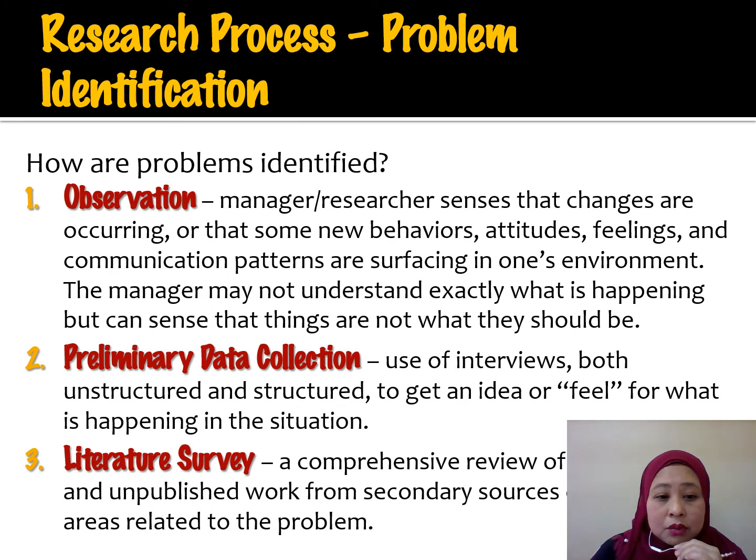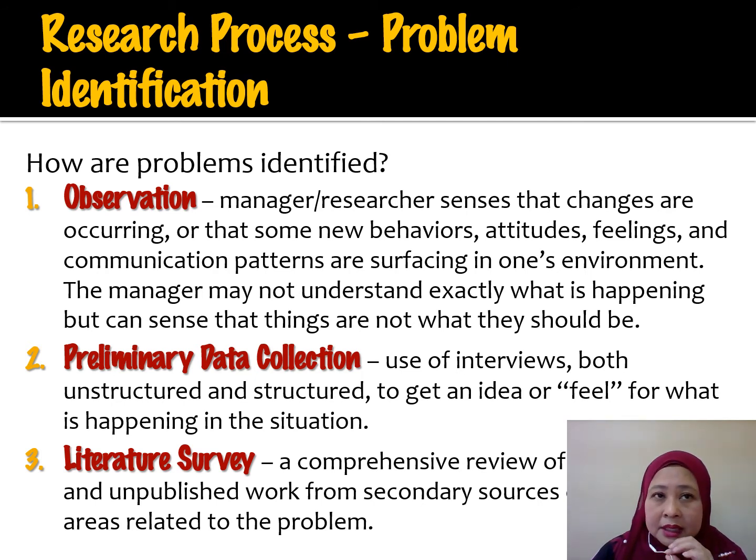There are basically three ways in which a problem can be identified. The first one, through observation. For example, as a researcher, you can see or sense some changes that occur in a certain environment, such as changes in attitude and feelings. Second, through preliminary data collection.